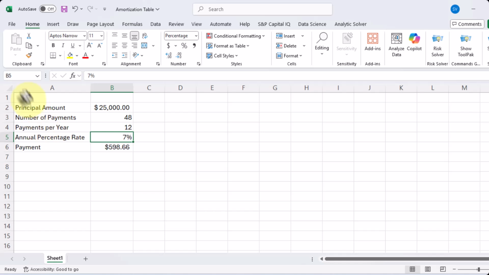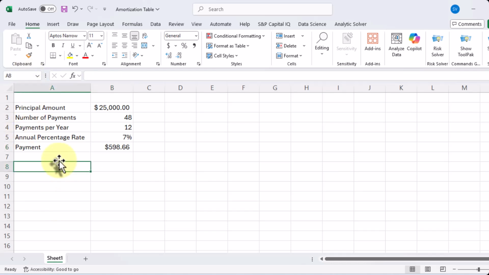The annual percentage rate, I'm going to name I rate for interest rate. And then finally, the payment cell B6 here, I'm going to name payment, P-A-Y-M-E-N-T. Don't name this PMT because that's a function in Excel, and Excel doesn't like it when you do that. So I'm just going to name it payment.